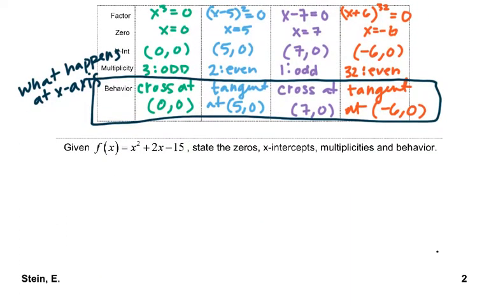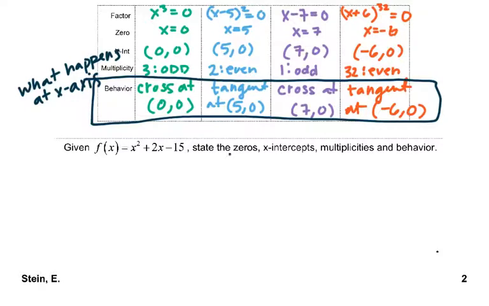And we have one last example to talk about here. Here we have a quadratic function, so we've been dealing with these all semester. Given this function, let's state the zeros, the x-intercepts, the multiplicities, and the behavior. We know how to factor this. We know how to graph this. This was from our last unit.